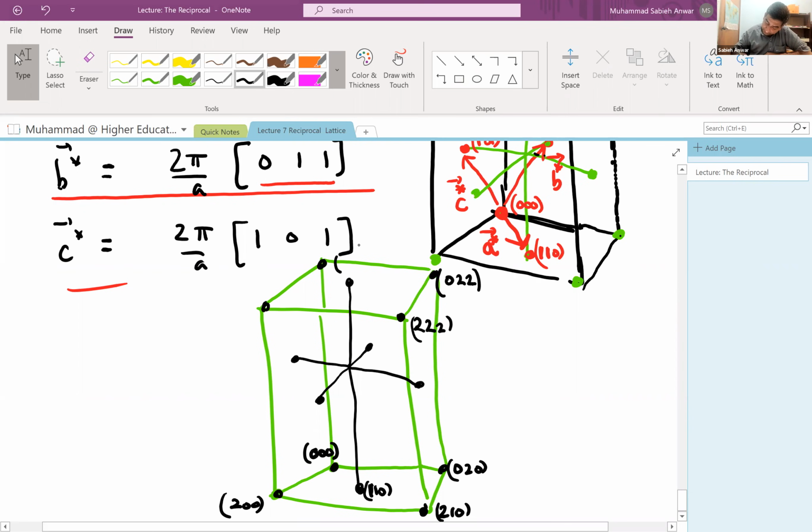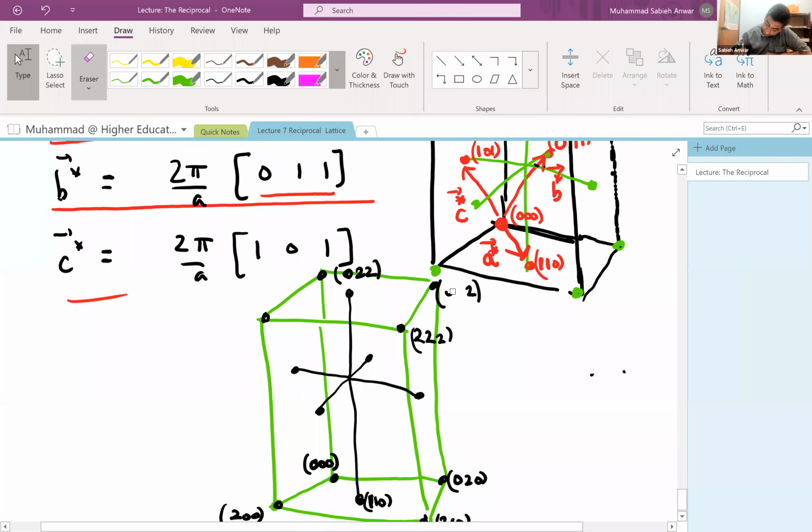Sorry, this is going to be 0, 0, 2, whereas this here is going to be 2, 0, 2. And this point is going to be 0, 0, 2. Here I will have 2, 0, 2.